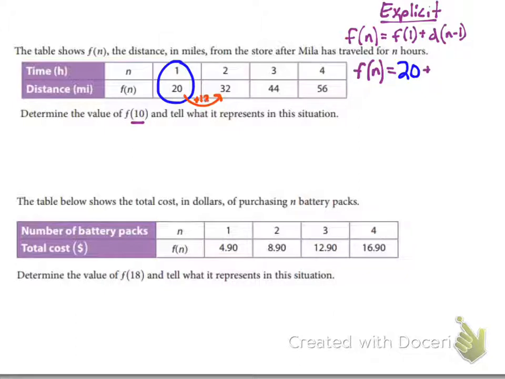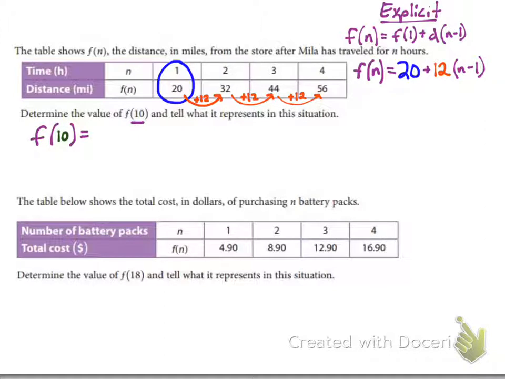Next, you need to figure out what the common difference is. Have you figured that out? That value is d. If you got 12, very good. It goes up by 12 each time, and that will be our d value. Then we just write down n minus 1. So this is our formula for the nth step.